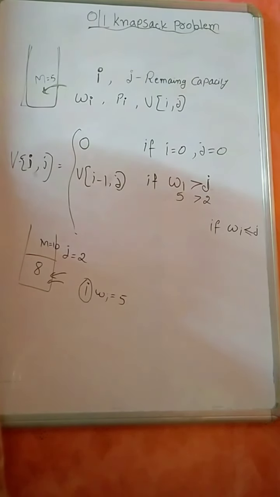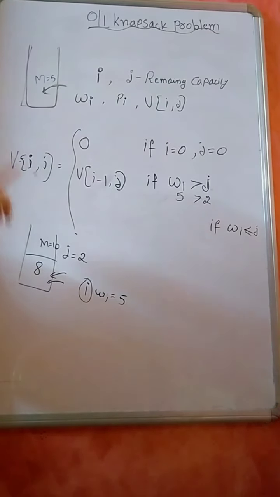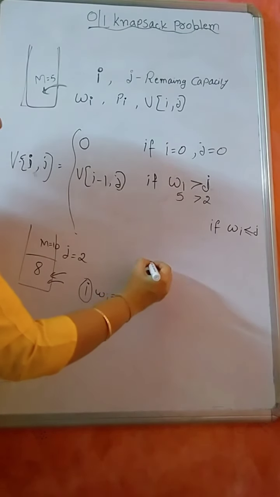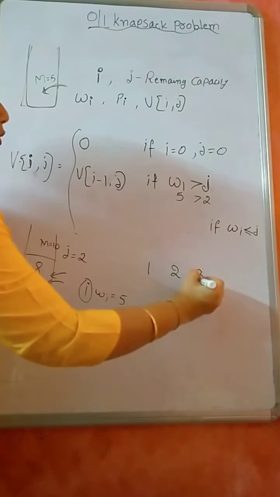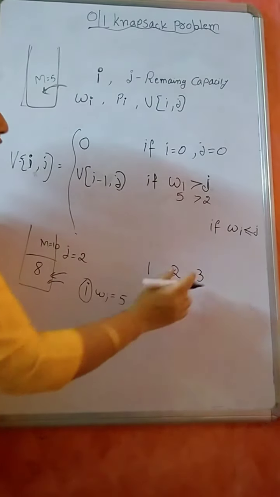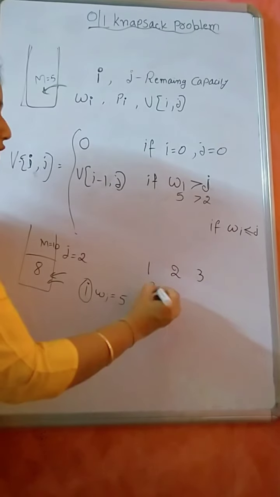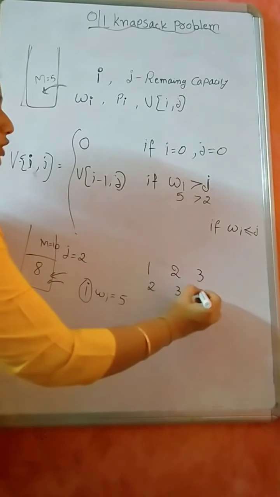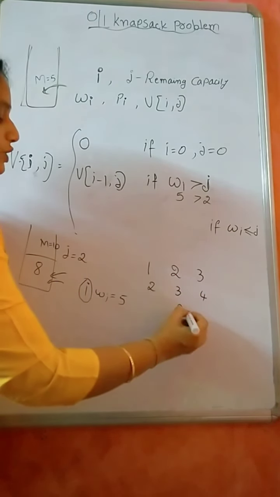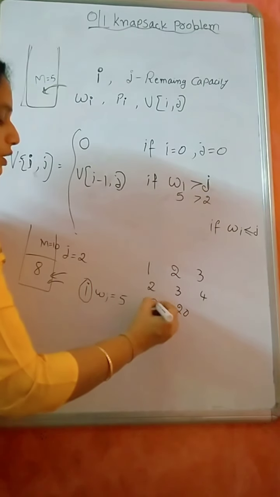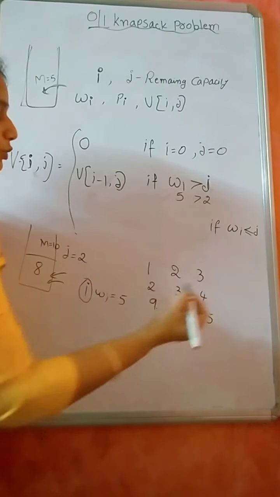We have not arranged the objects based on their profit, as we did in the fractional knapsack problem. Remember this point. We have not ordered the objects based on their profit. It means the first object may have a less profit, the second object may have a more profit, something like that. Assume that there are 3 objects with weights 2, 3, 4. Profit here is 20, profit here is 9, profit here is something like 15.